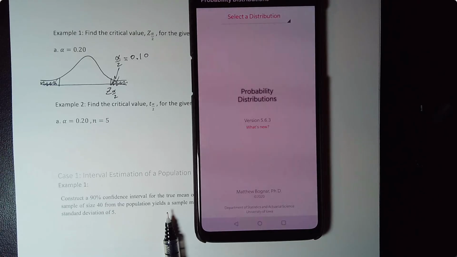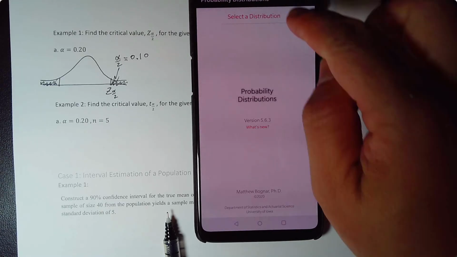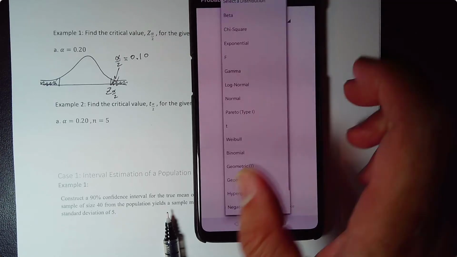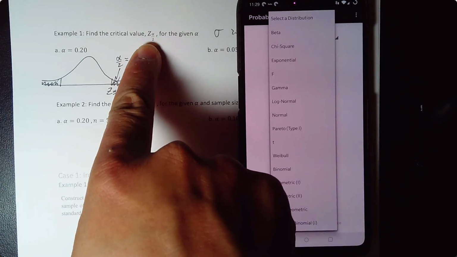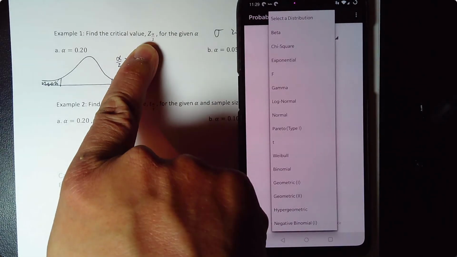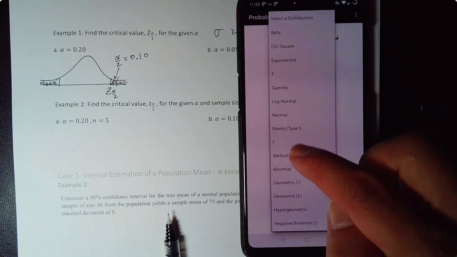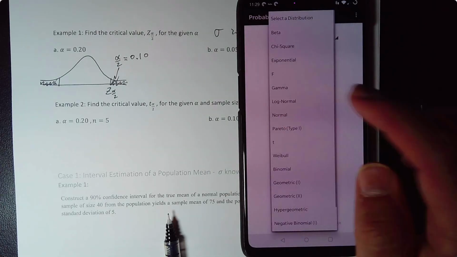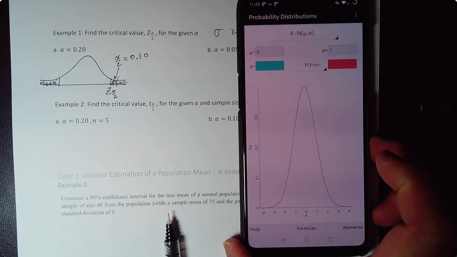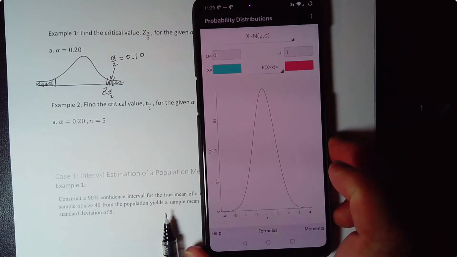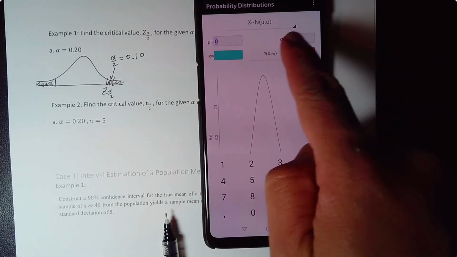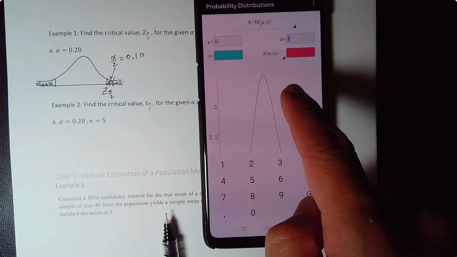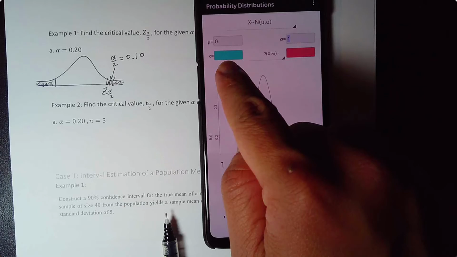Now we can use our app to figure that out. Here's the important part: we know sigma, so we're using the z distribution. That tells me that I need to go to the normal distribution. Remember, the z distribution is just the standard normal, which means mu is 0 and sigma equals 1. Now I don't know x, because that is the critical value, the number that I'm looking for.